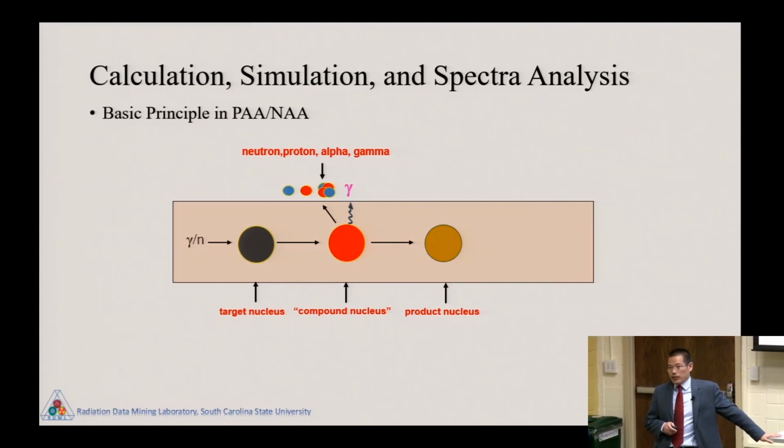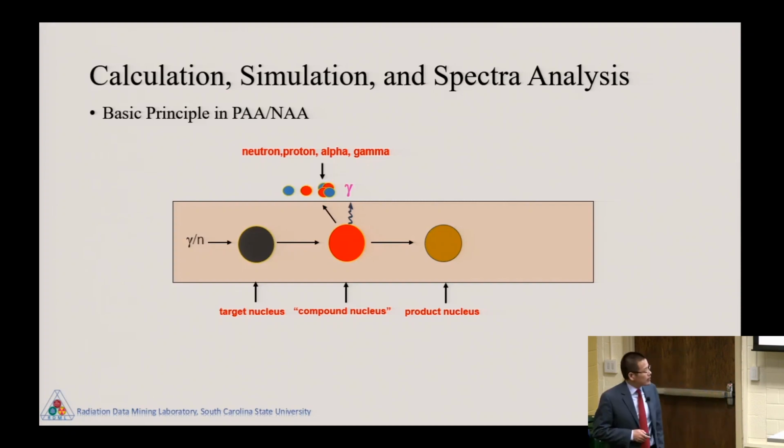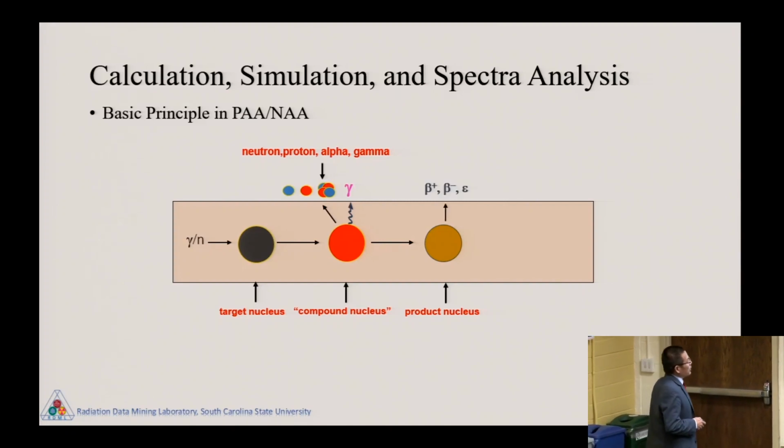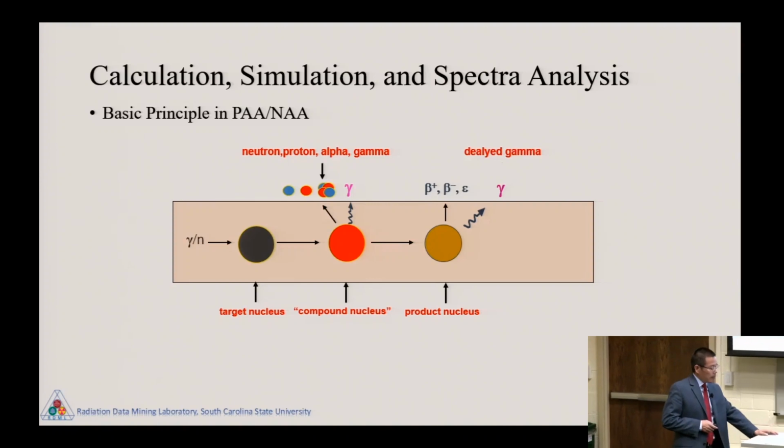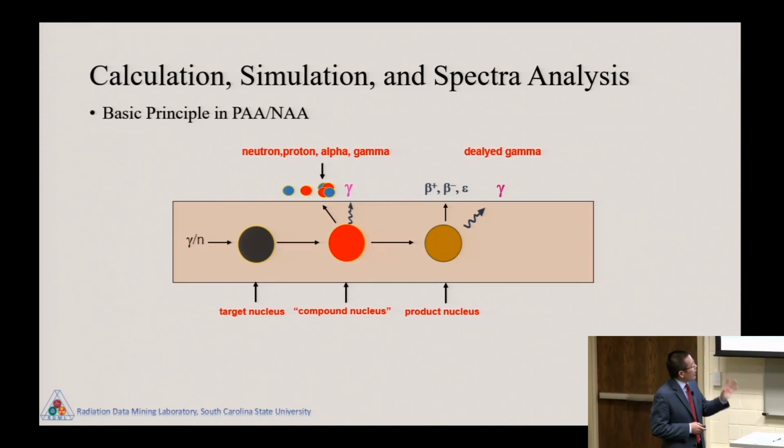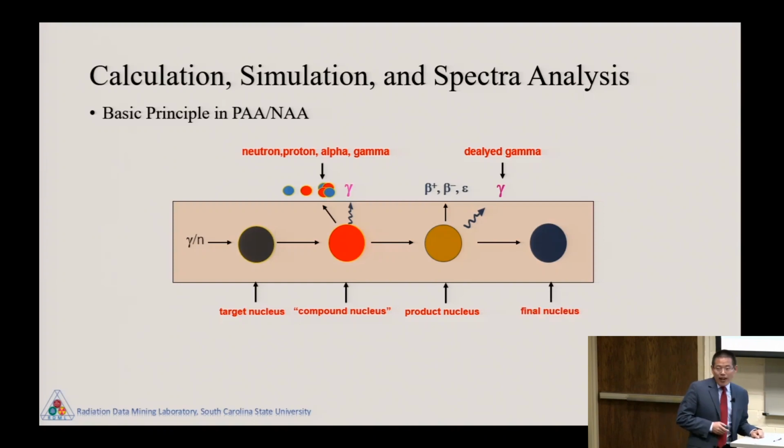The product nucleus is still radioactive, still in an excited state. It will undergo beta decay, beta plus, beta minus, electron capture, and give off delayed gammas, and then become the final nucleus, which is also stable.